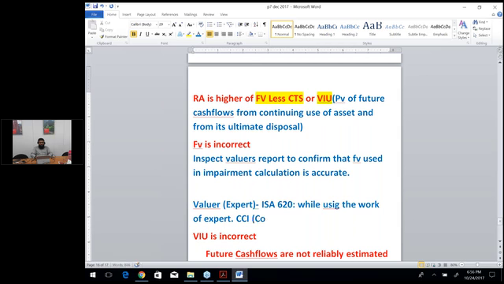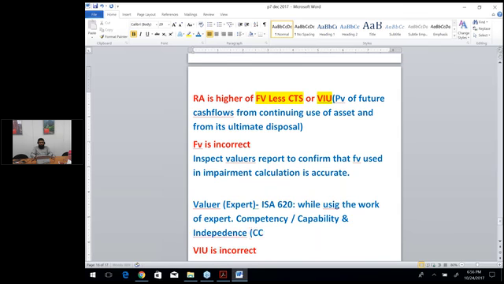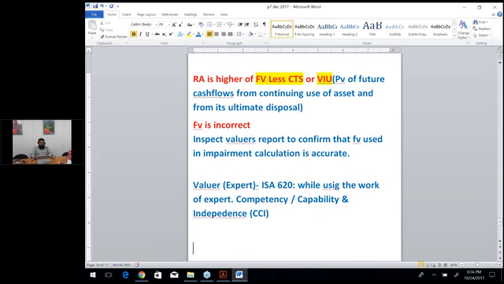The CCI test means competency, capability, and independence. So your procedure could actually be to test the valuer for competency, capability, and independence. That could be one of the audit procedures.